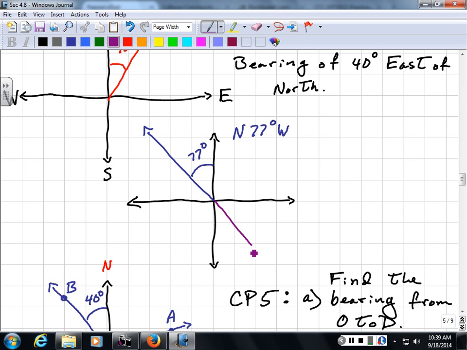Well, neither is that 77. How would you write that one? South 62 degrees, 11 minutes, 12 seconds east. Okay?